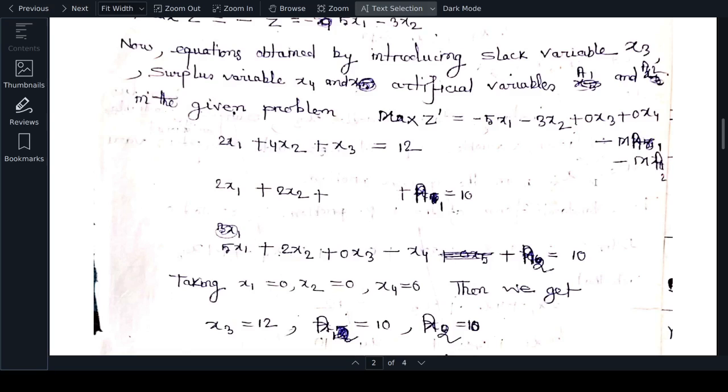Sometimes we get the identity matrix without using an artificial variable. If you use an artificial variable in that equation, it is not wrong, it will be correct, but your calculation will be lengthy.